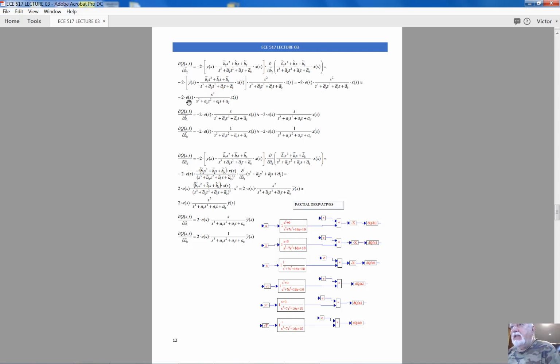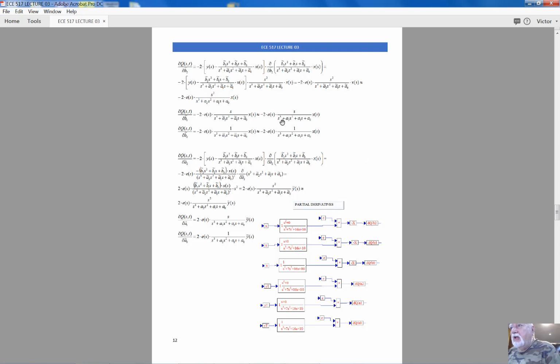So I am rewriting this result. Now I have -2, I have error, I have S squared, the symbol of the second derivative that is applied to input X, and I have the denominator of the reference model.